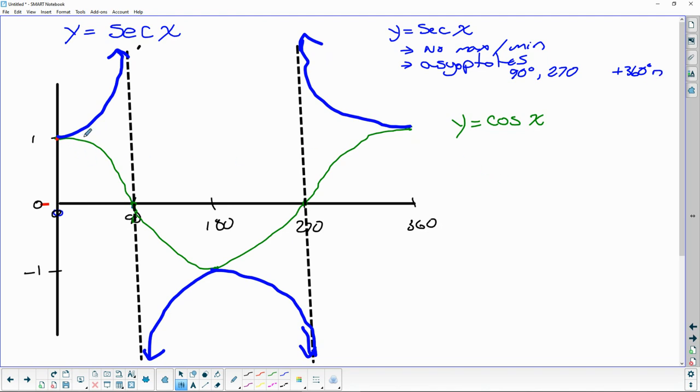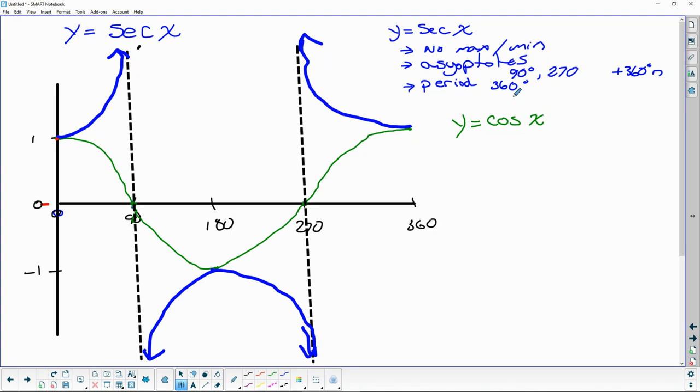Okay, and then of course, the period is still 360 degrees. Okay, so it's very similar to the cosecant graph.